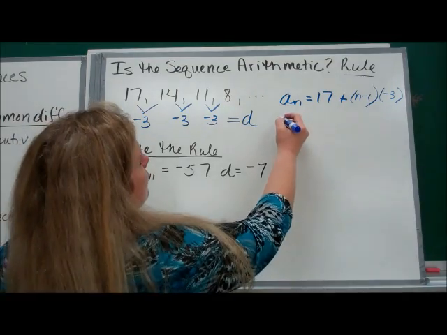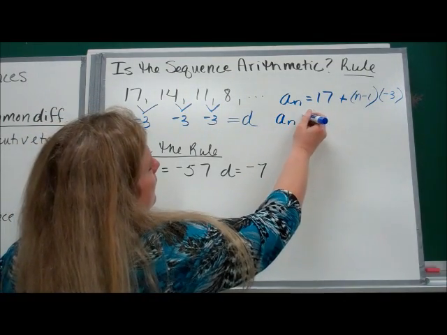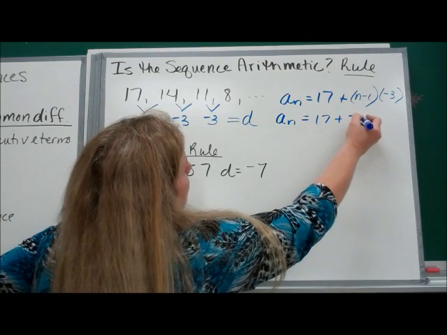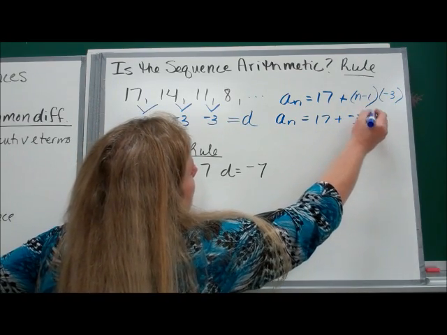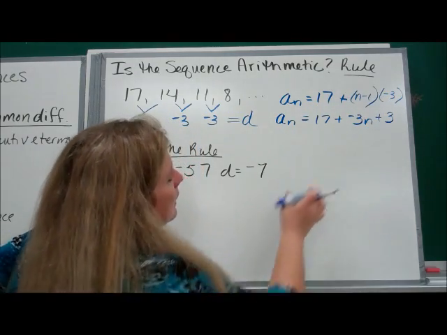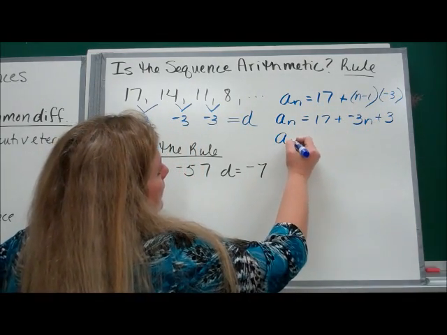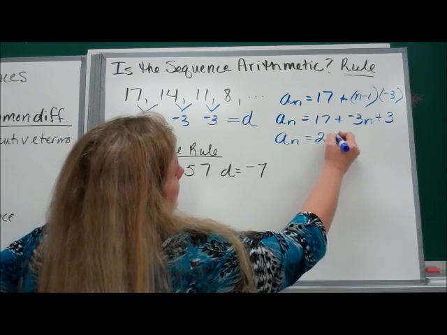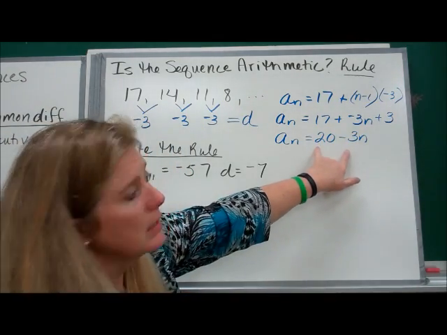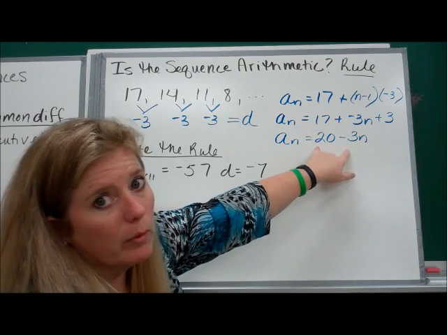Your nth term is going to equal 17 plus negative 3n plus 3. Distribute the negative 3, add these two. a sub n equals 20 minus 3n. You can either leave it like that or say negative 3n plus 20. They're both correct.